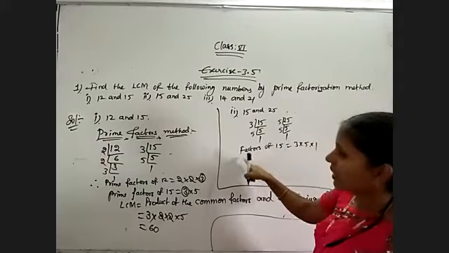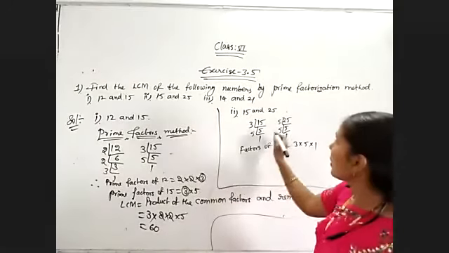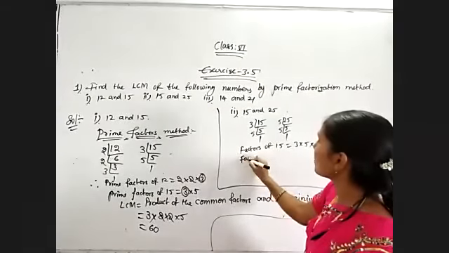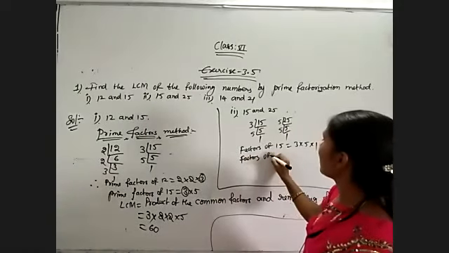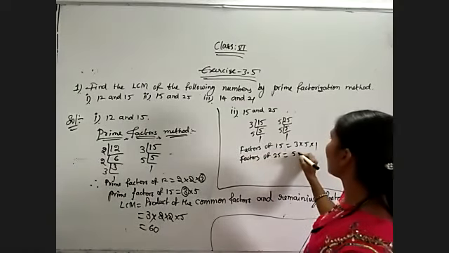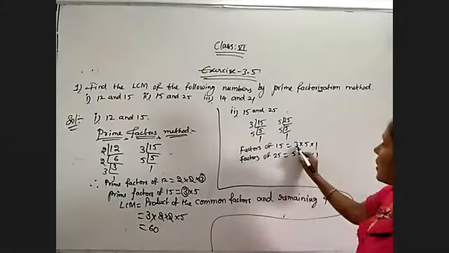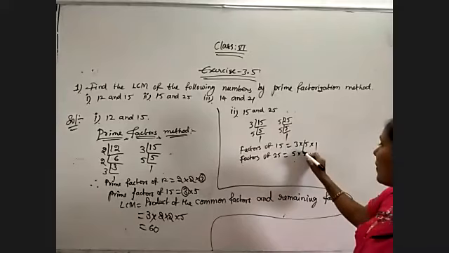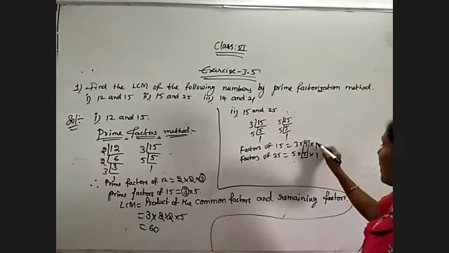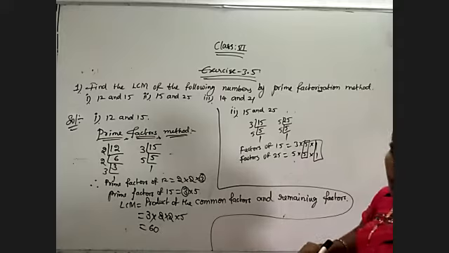Here I wrote prime factors. Now coming to the next, factors of 25 is equal to 5 into 5 into 1. And what are the common factors identified? 3 we shouldn't have. 5 we have in both the numbers. 1 also is a common factor for every number.